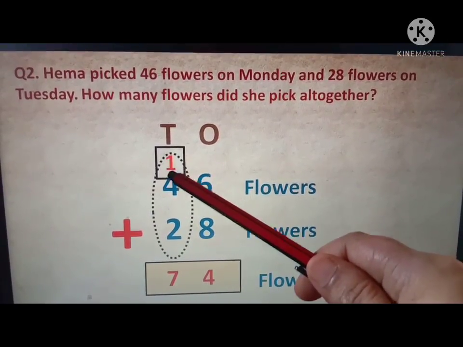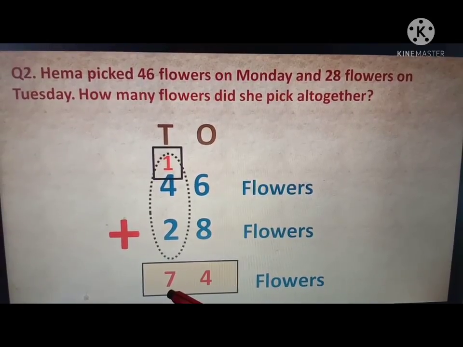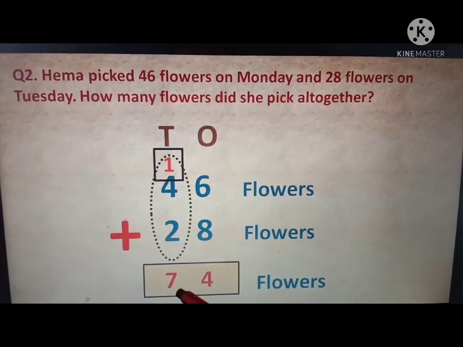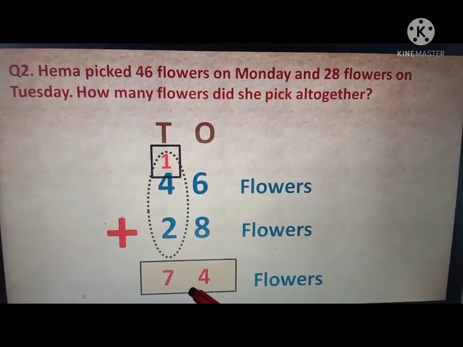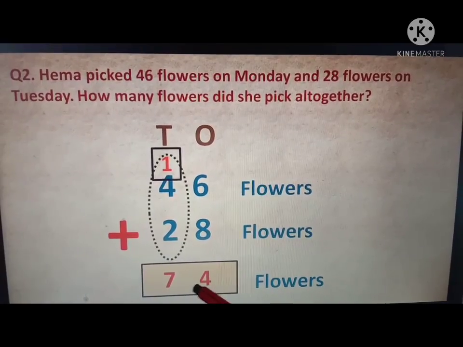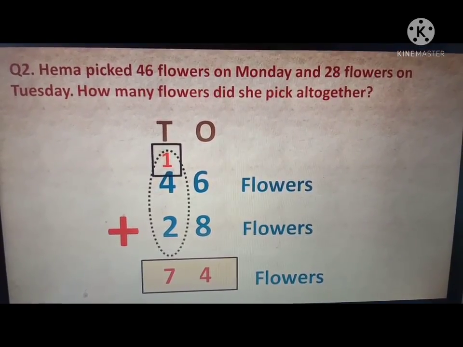So 1 plus 4 plus 2, and here we will get 7. So when we add 46 with 28, we will get 74. So what is the total number of flowers? 74 flowers.